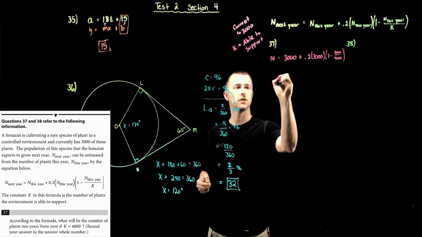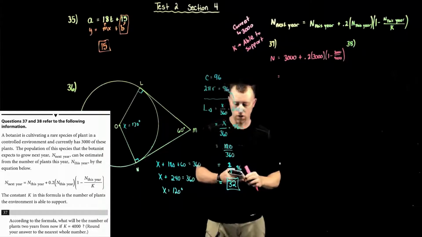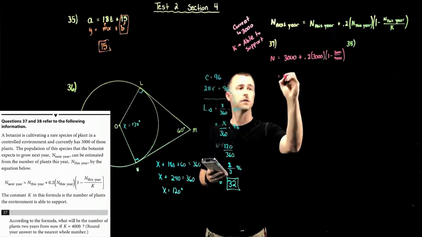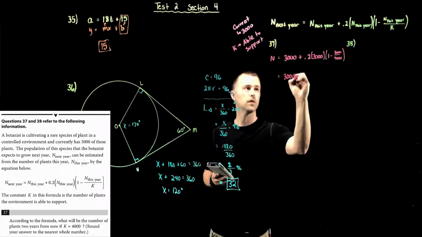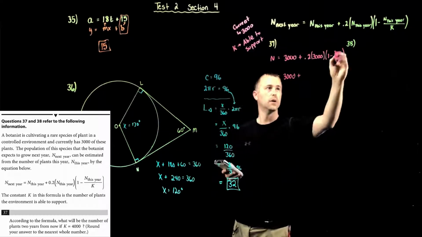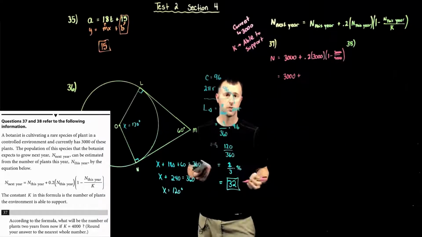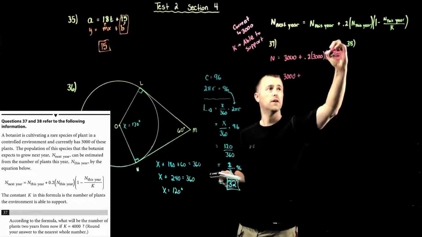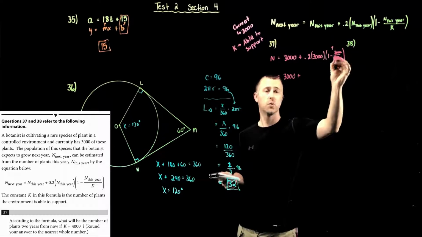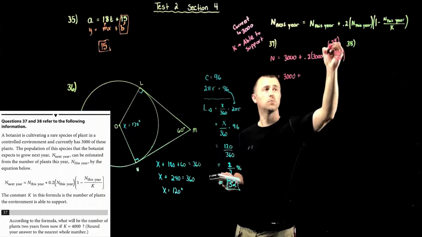So this gets plugged into your calculator. Just be careful when you plug it in. So I'm just going to go 3,000 plus, and I'm going to do all this stuff off to the side. A little bit way to help you out here. 3,000 over 4,000 is 3/4 or 0.75. So this is 1 minus 0.75. So I'm going to write that on my calculator as just 0.25.